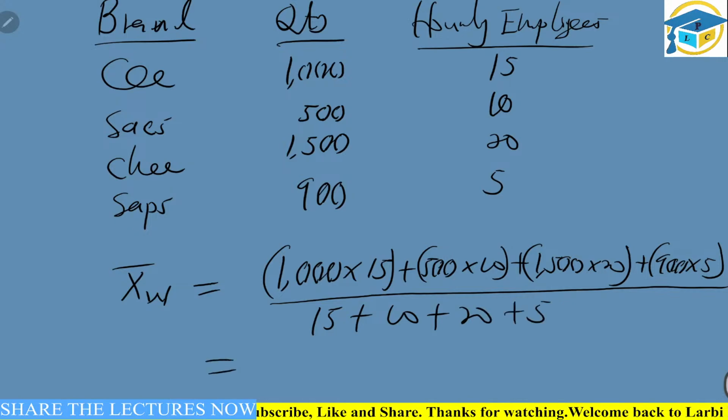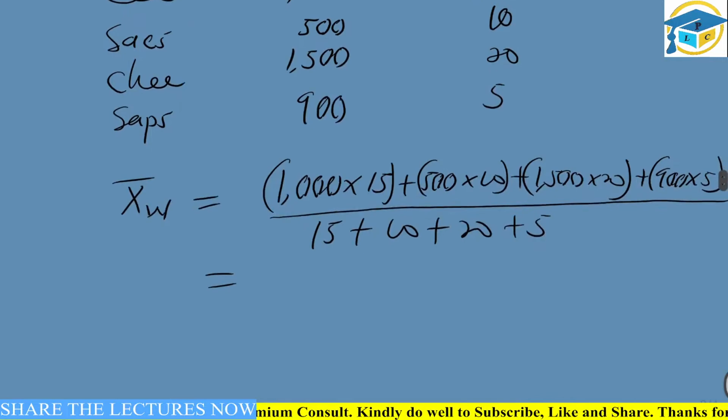So at the end of the day, you just have to multiply each weight. The weight is the hourly employees and the data values are the quantities under consideration. So you multiply these and then add, and at the end of the day, find the division between the numerator and the denominator values, and you get your weighted mean.